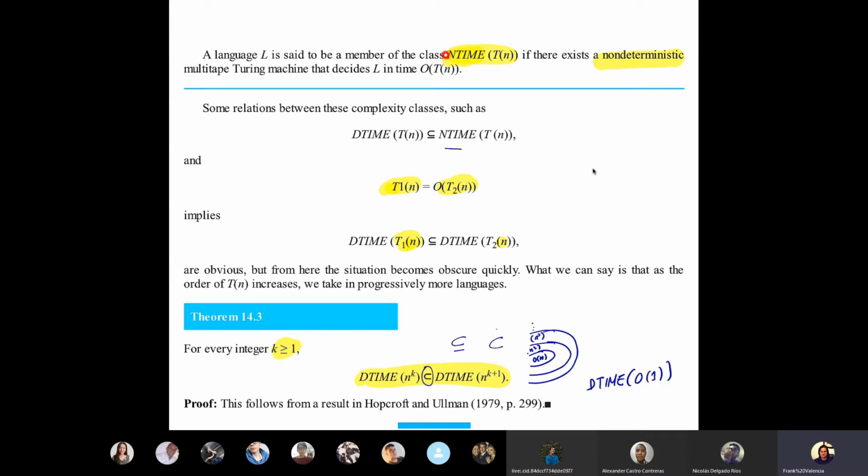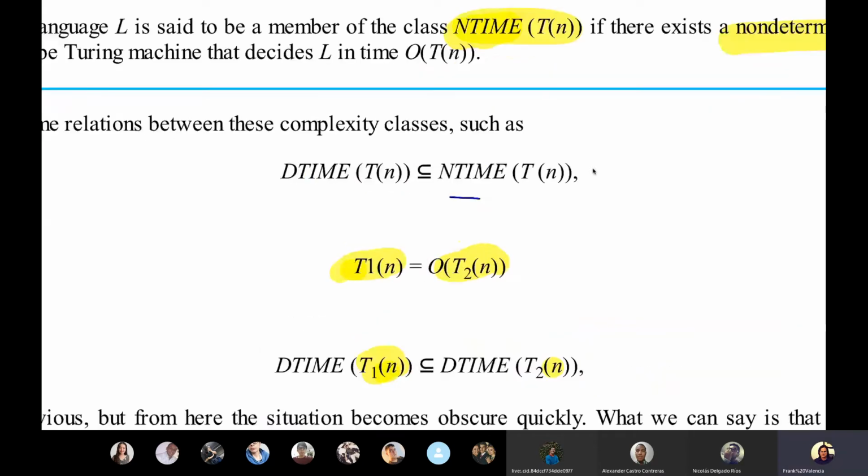It's the same, but it's called N because the machine is non-deterministic instead of deterministic. So the following must be something clear for you. The set of languages that can be decided in deterministic time T of n is a subset of the set of languages that can be decided in non-deterministic time T of n.